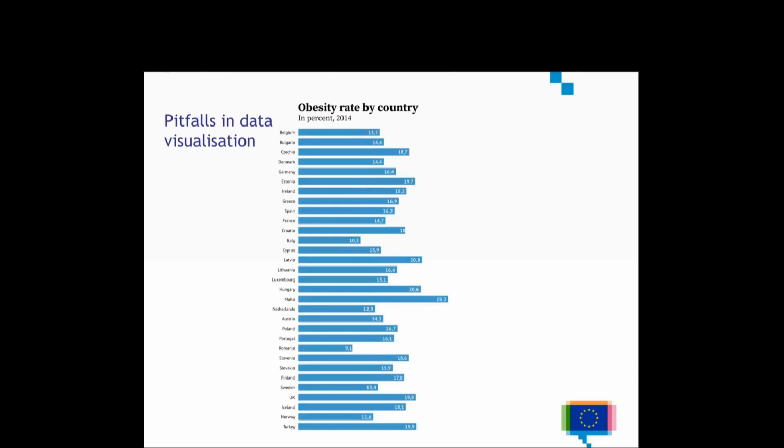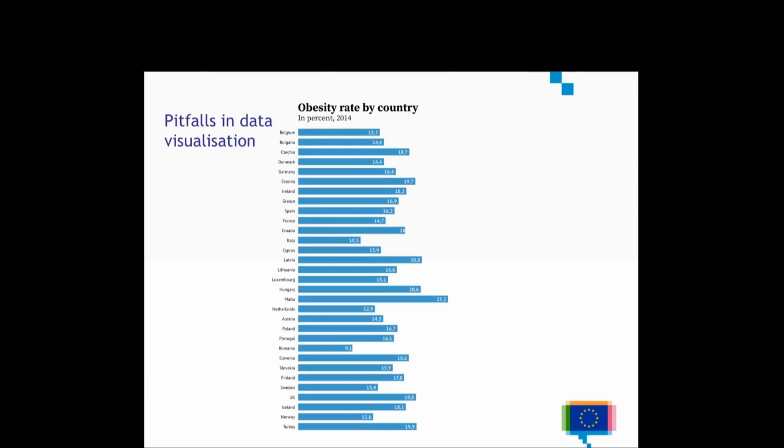The next pitfall has to do with ordering. So what you're looking at is a chart showing you the obesity rate by country in the EU. And as you can see, the countries are ordered according to, well, it's not really alphabetical order, it's the order used by the EU for showing you a list of countries.